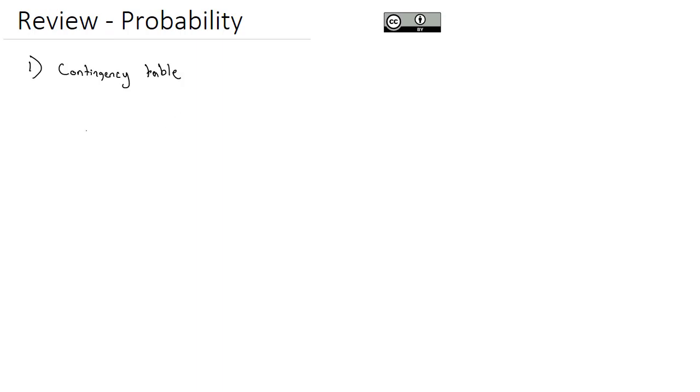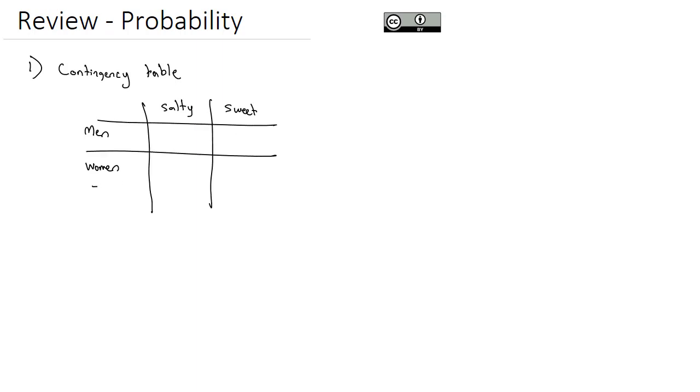Let's say we surveyed a bunch of men and women, and we asked them if they prefer salty snacks or sweet snacks. Of the men, 14 preferred salty snacks, 8 preferred sweet snacks, which gives a total of 22 men.